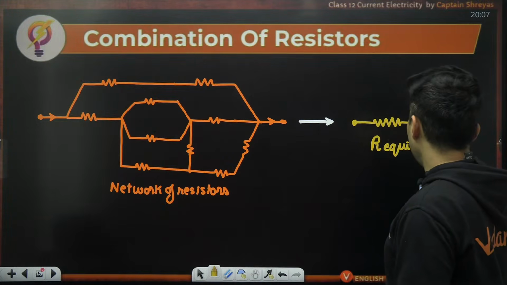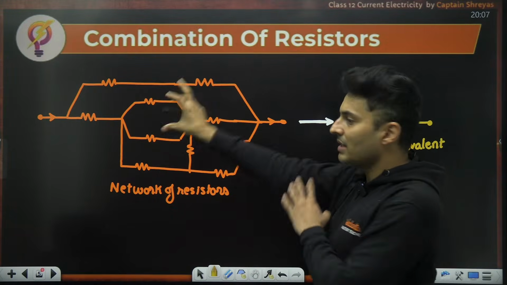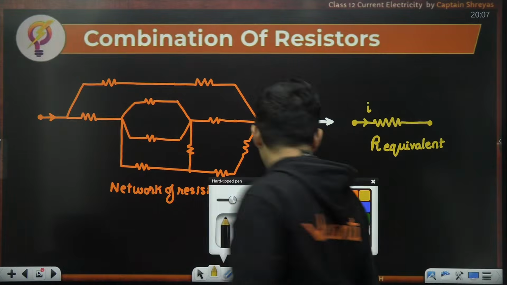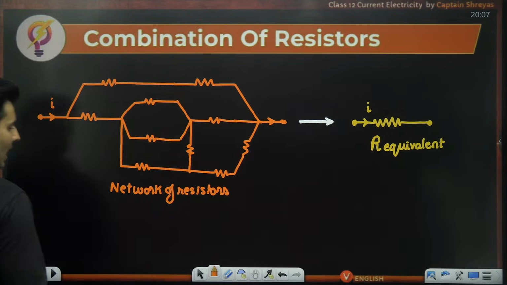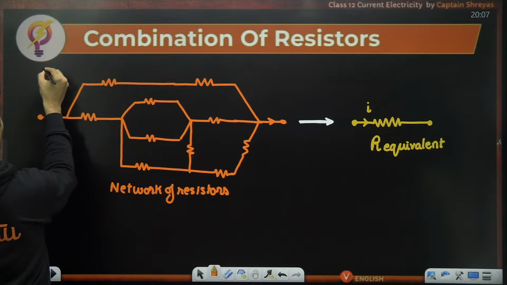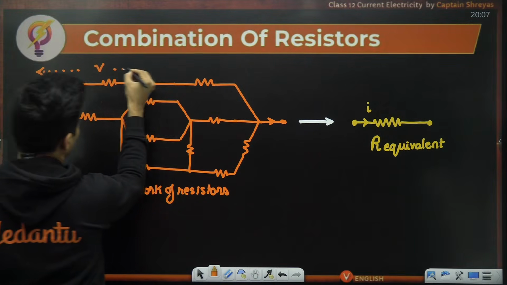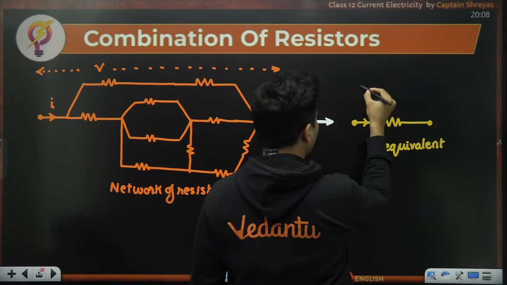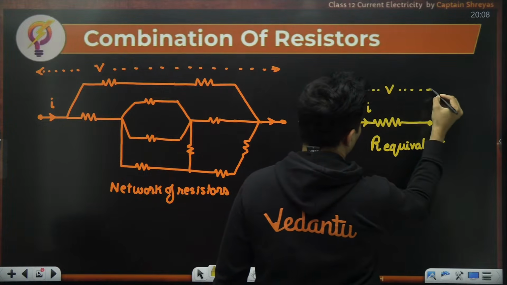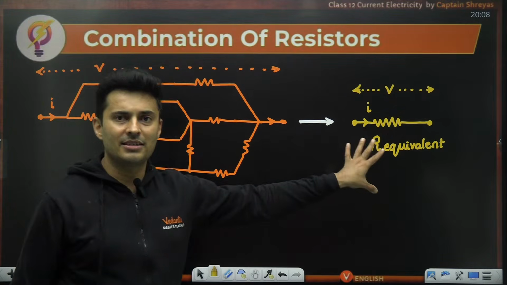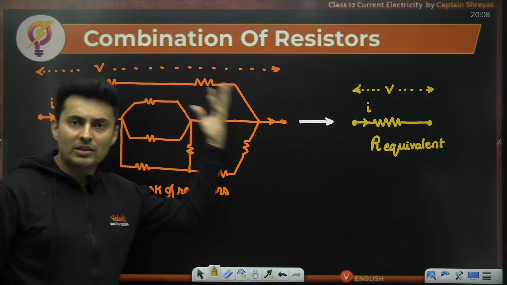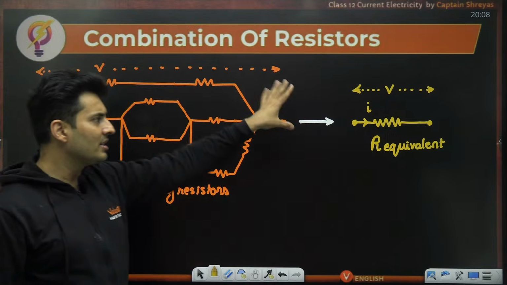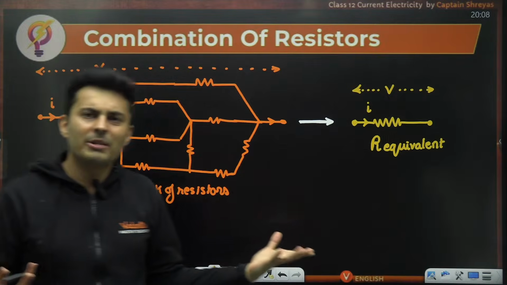So between those 2 points, if you put this resistor instead of all these resistors together, the same current will flow as much current was flowing before, and whatever voltage difference was there across this circuit, that same voltage difference will be there in this particular resistor also. So equivalent resistance is that resistance such that you can replace all the network of resistors with a single resistor, so that for the same voltage you get the same current flowing through it. It kind of makes sense. It's an equivalent.